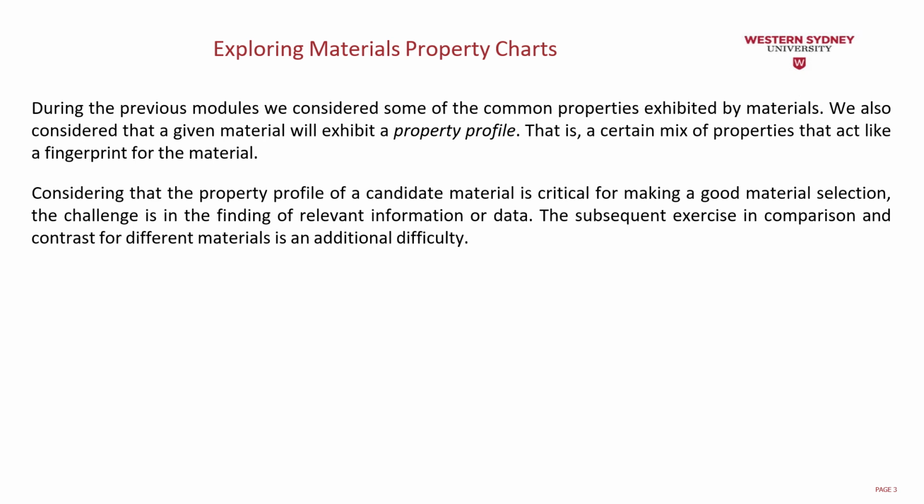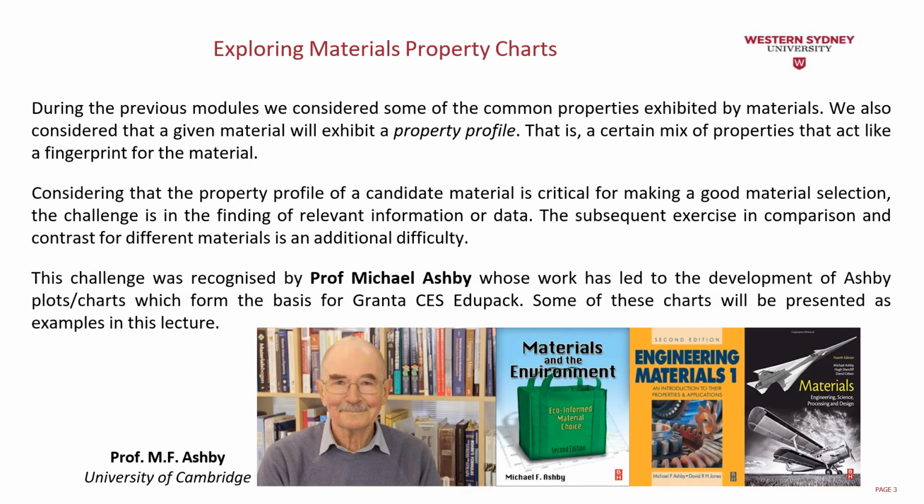So the property profile of the candidate materials is going to be critical for making a good material selection. The challenge is finding the relevant information in the data. The subsequent exercise of comparison and contrast for different materials is an additional difficulty.